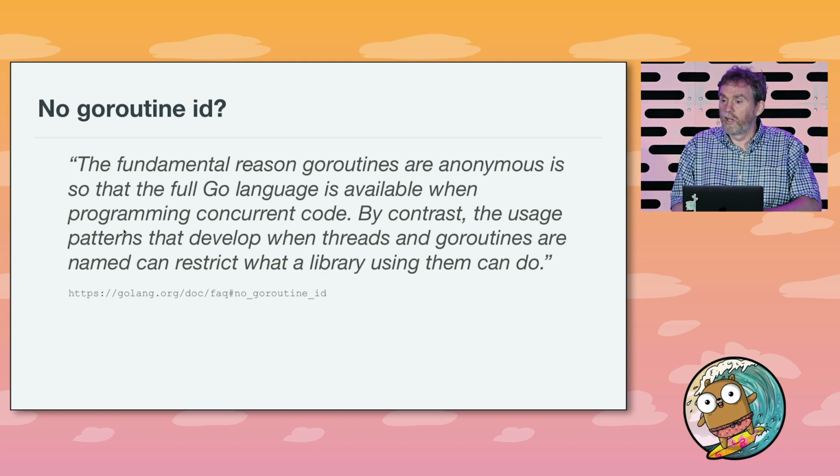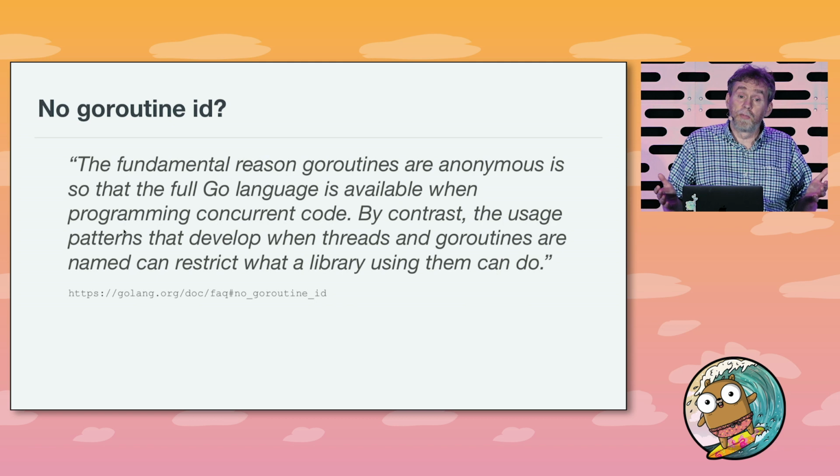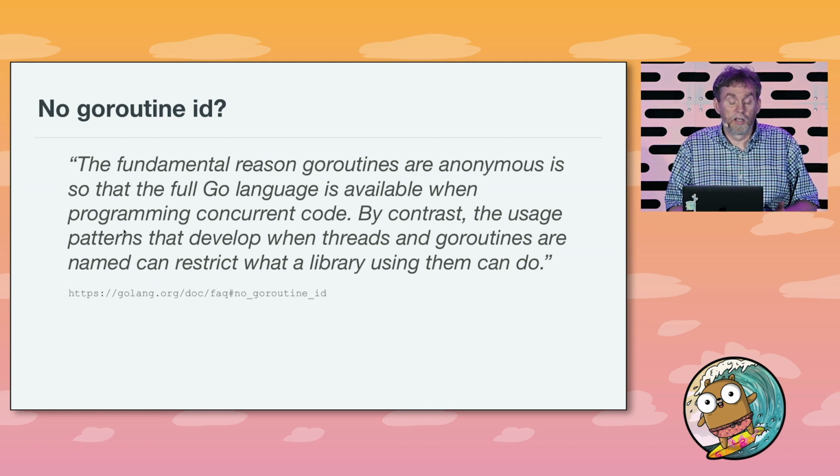That is, having Go routines named. The fundamental reason Go routines are anonymous is so that the full Go language is available when programming concurrent code. By contrast, the patterns that develop when threads and Go routines are named restrict what a library using them can do.